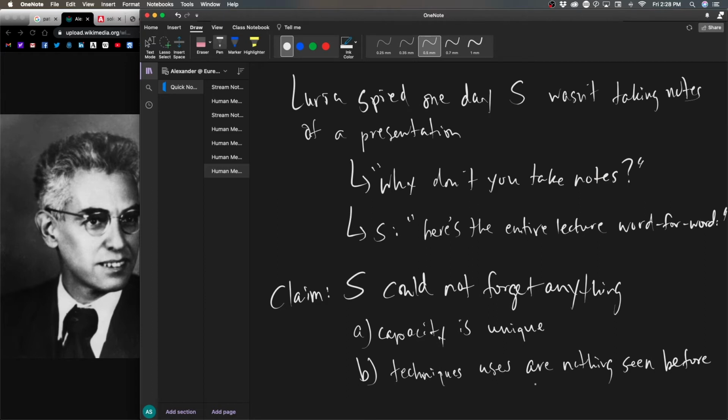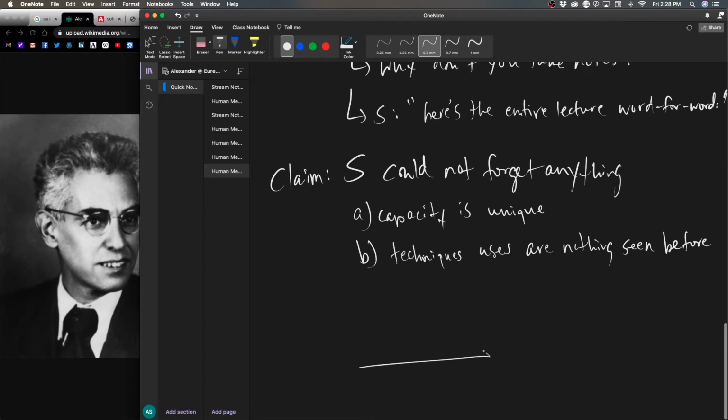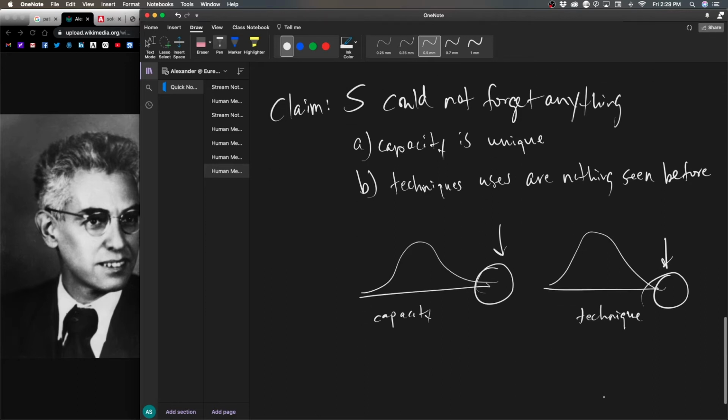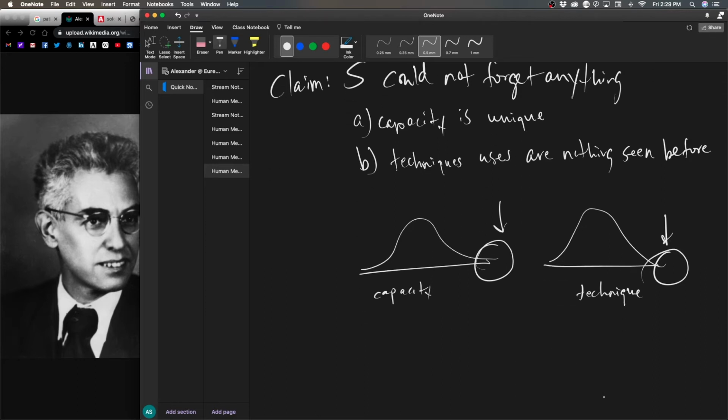So if we go back to those normal distributions of capacity and technique, Luria is over here. Or excuse me, S is over here. High technique, high capacity. Okay. Which I think is pretty cool. One of the few. Okay.